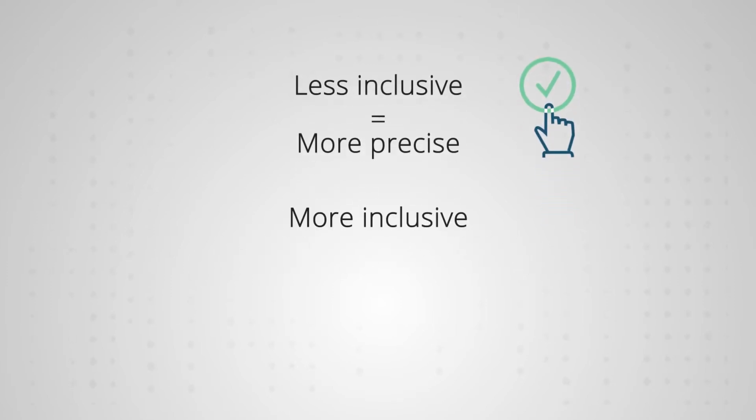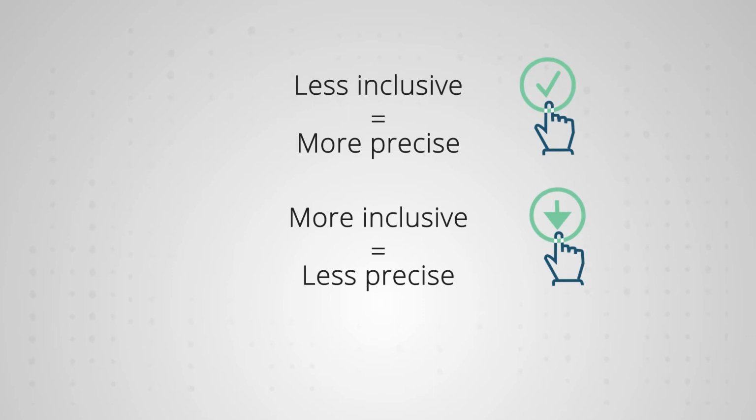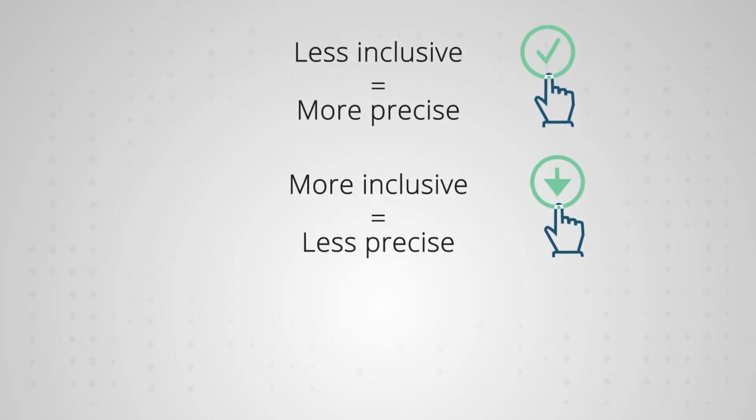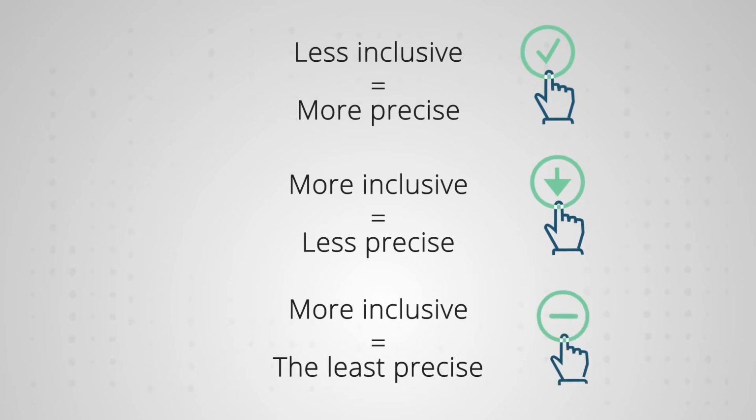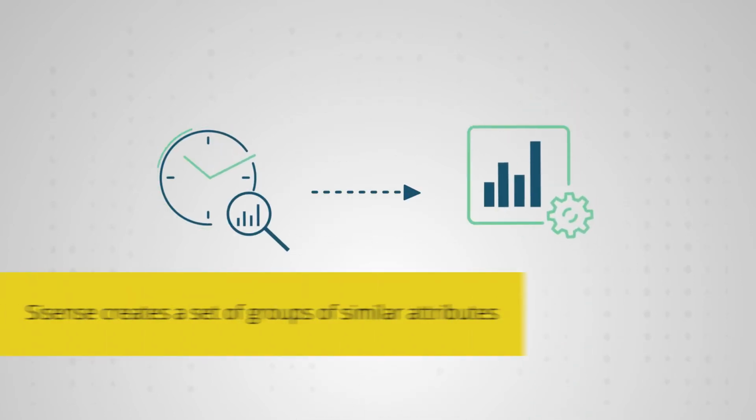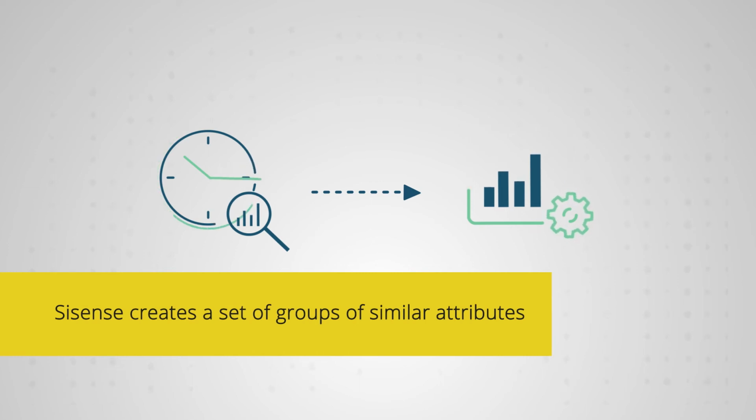The more inclusive the results, the less precision there is. When choosing most inclusive, it tries to include as many similarities as possible, meaning it offers group values with a low level of similarity.